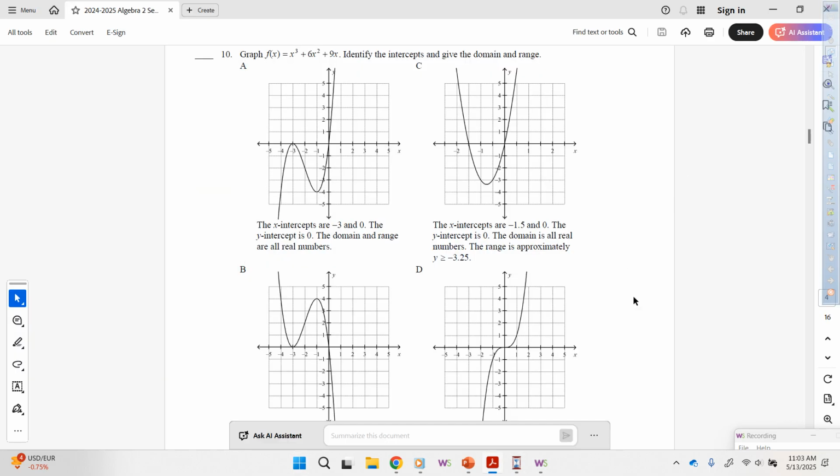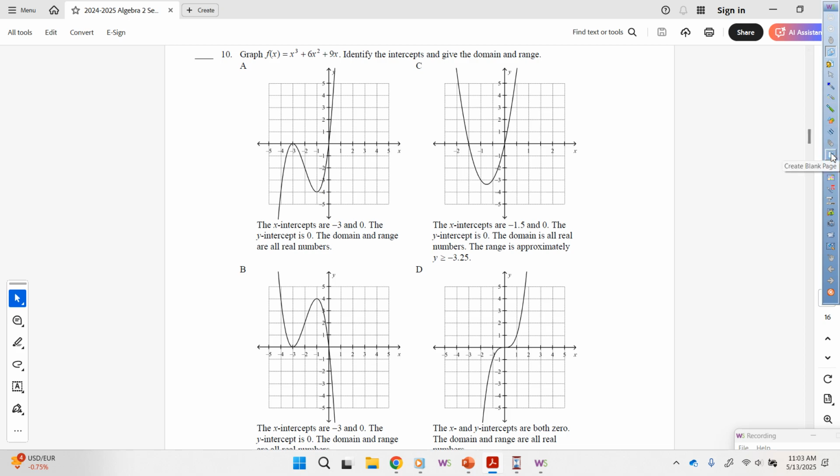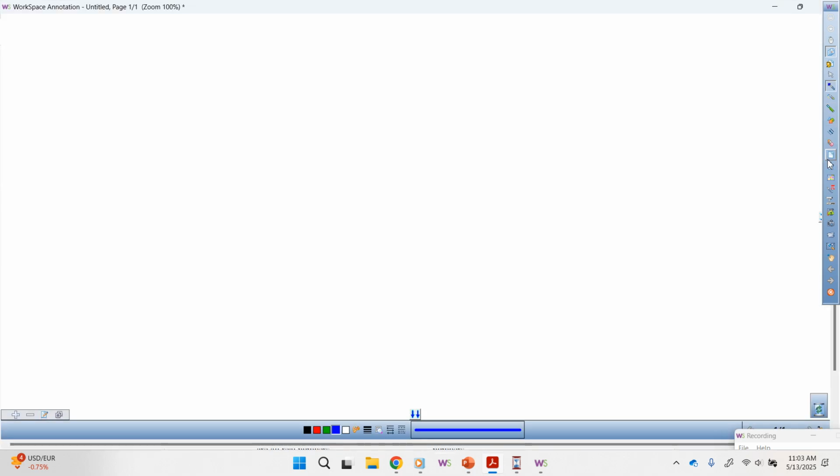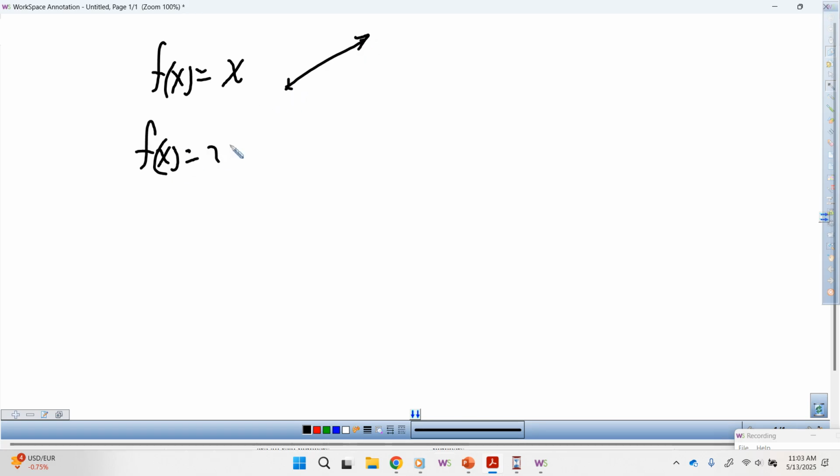Number 10. All right. So quick recap in regards to functions. Look up, please. We started with f of x equals x. That is a linear function. Then we went to f of x equals x squared. That's a quadratic or a parabola. From there we went to f of x equals x cubed.